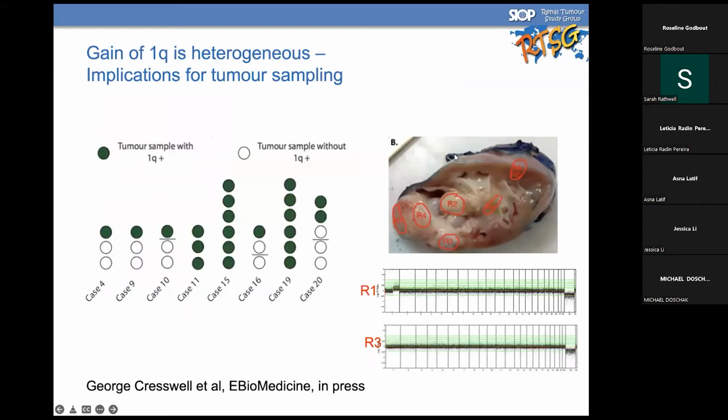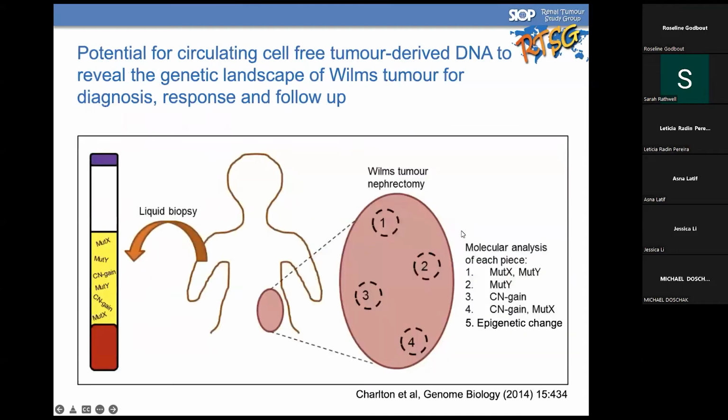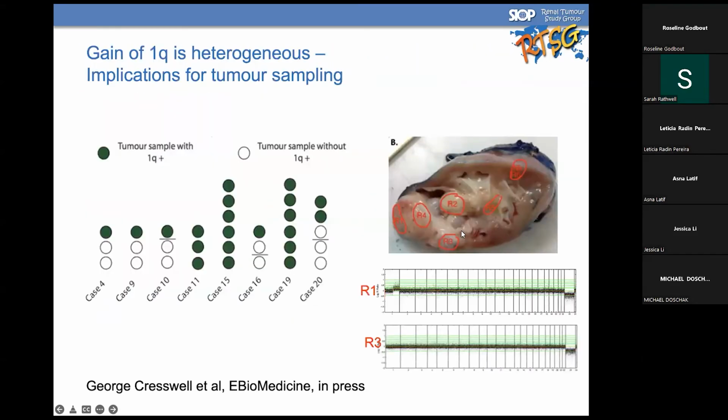And here you see one kidney with a tumor inside after surgery. And what you see here as well, there are several areas of the same tumor, and here the normal kidney, where you can take some tiny specimens to analyze for molecular biology.